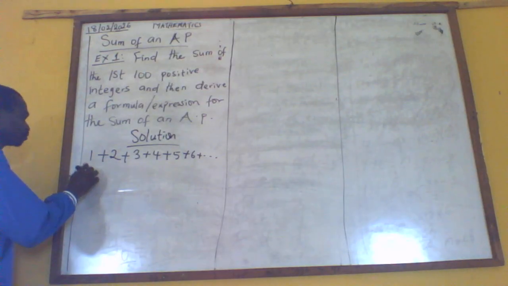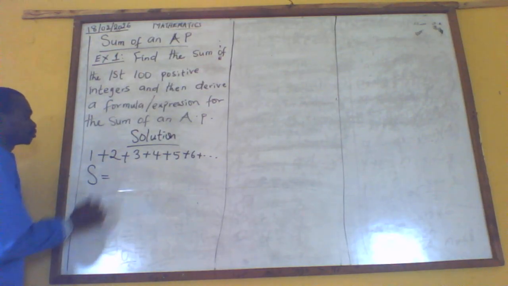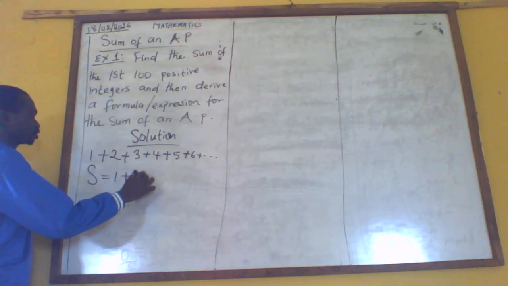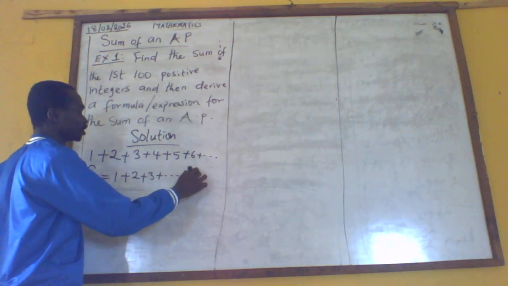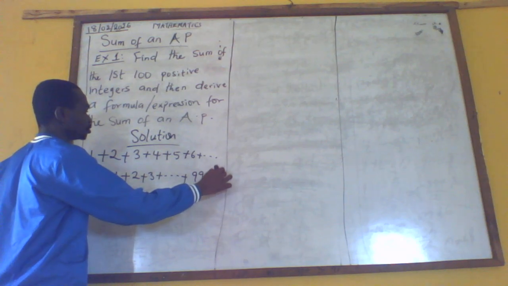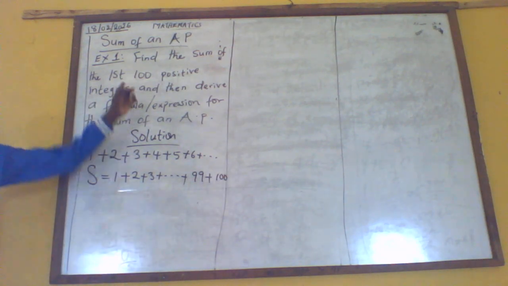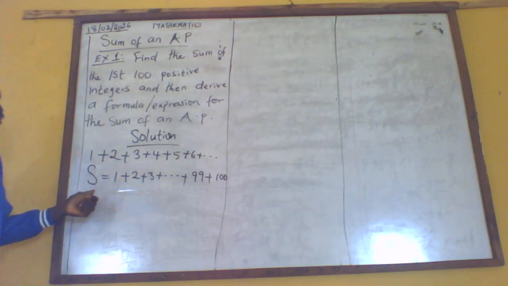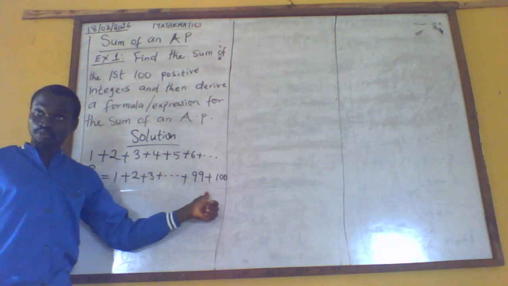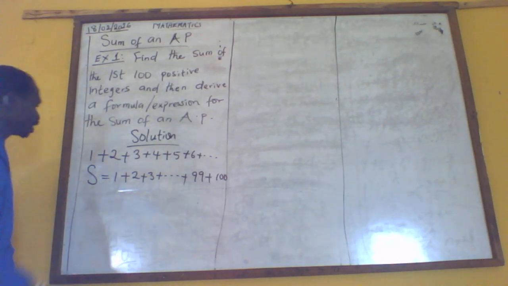Let's say we have the sum S equals 1 plus 2 plus 3, up to 99 plus 100. Because the first 100 positive integers, right? So it means I'm adding from 1 to 100. Now, let's reverse the series.